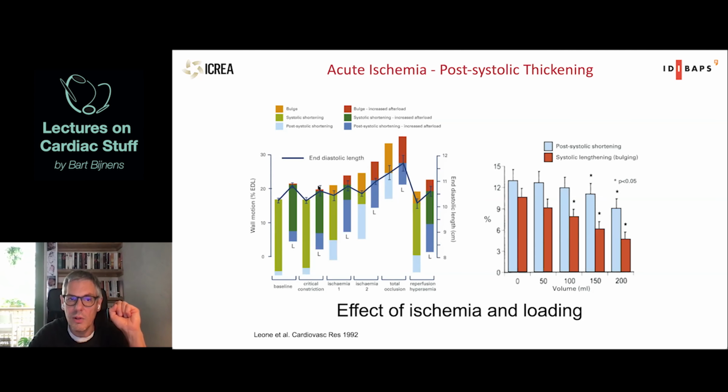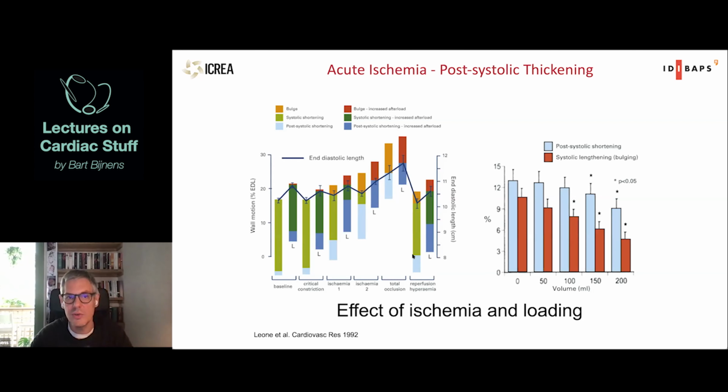What we see there, although, is that while the normal myocardium, so without changes in loading, is exactly the same, if we load, we actually see that there's a little bit less deformation and a bit more post-systolic deformation. So loading can actually bring the myocardium over the critical point of the exact amount of perfusion that you would have available.